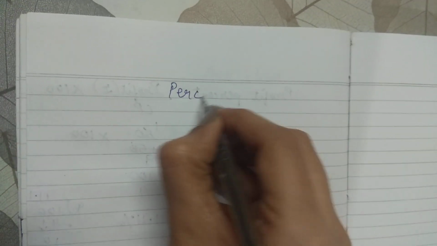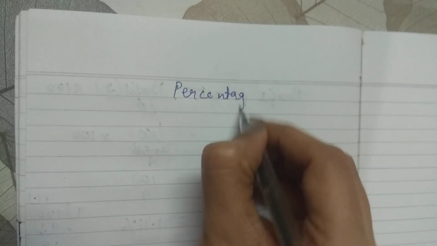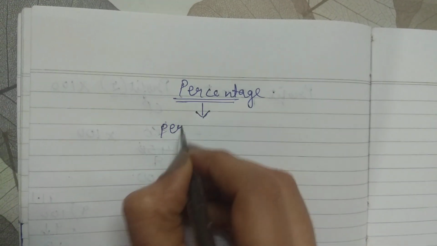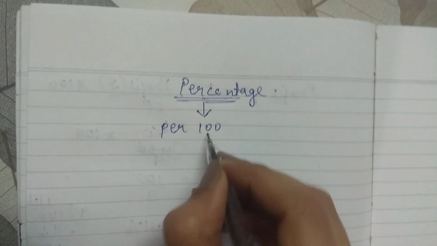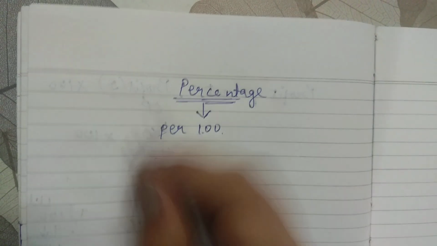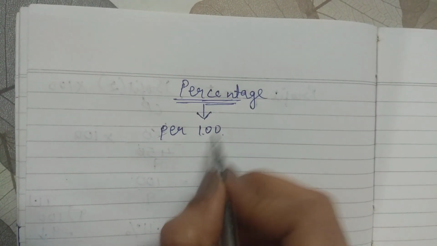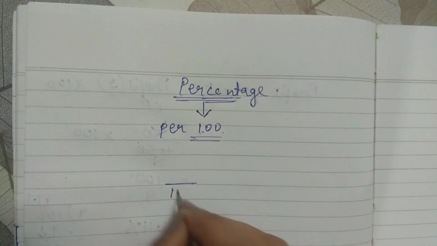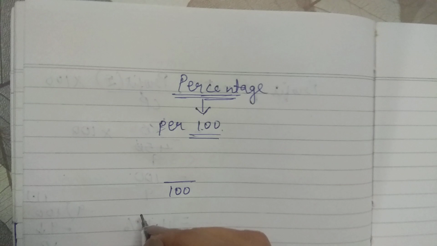Now as said before that I will explain the percentage part in short. So see, basically percentage, in this percent means what? Per 100. Cent means per 100. Okay, so whatever we are calculating, it is out of 100. So out of 100 means the denominator is always 100 in the percentage.